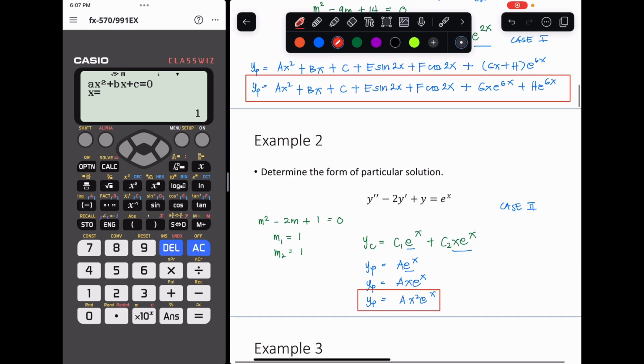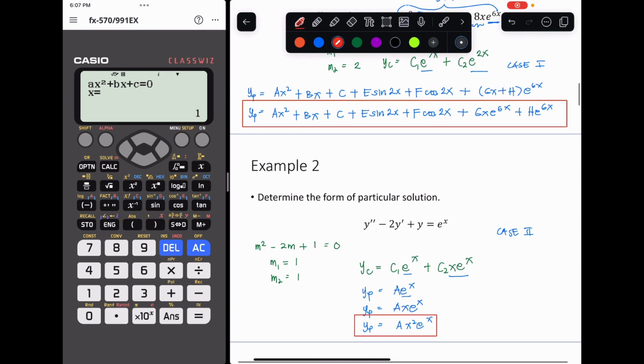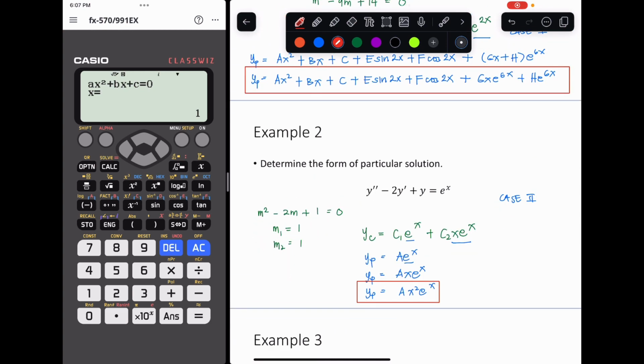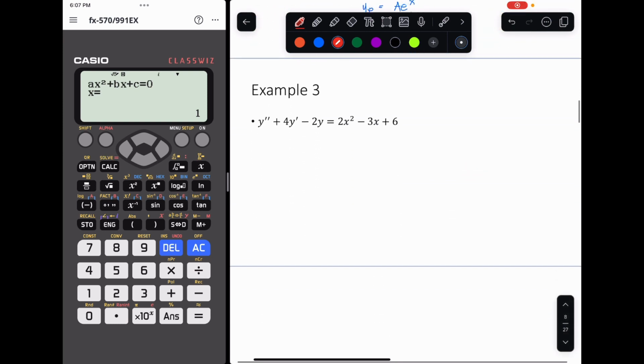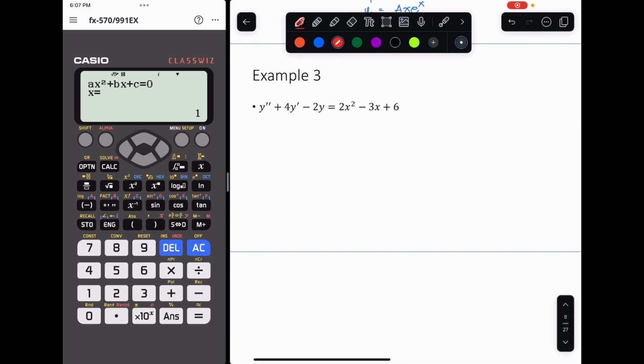For problems number 1 and number 2, it's just determining the form of the particular solution. For example number 3, we will be finding the general solution of this particular higher order differential equation.